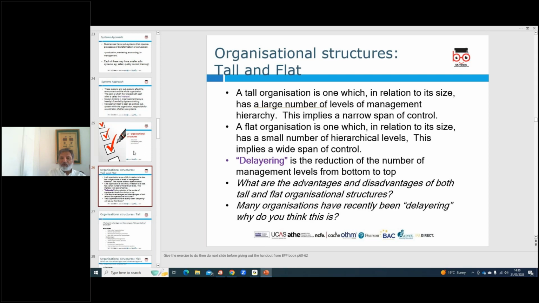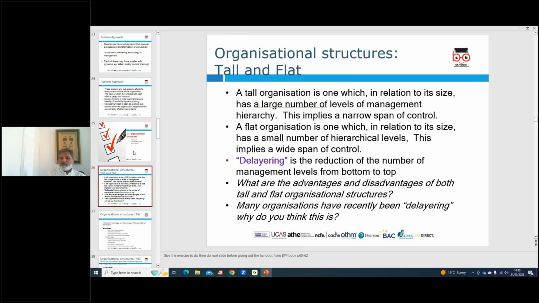Organizations are different in sizes. They are different in level of hierarchy. They have a different level of control, a different level of management span of control.